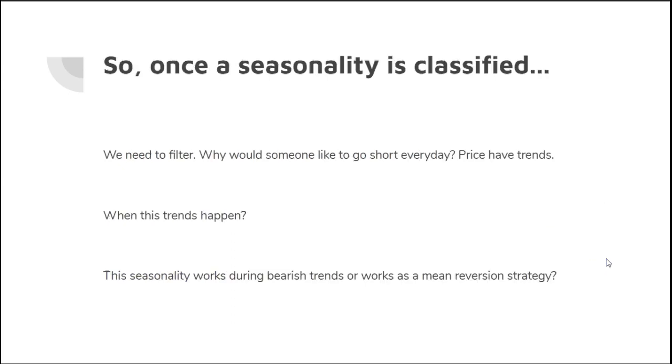But once a seasonality is classified, we need to filter. Why would someone like to go short on the markets every day? Prices have trends, and I don't know if this seasonality works during bearish trends or works as a mean reversion strategy. That means in order to go short, the prices need to have gone up, because I want to short at the highest price possible.